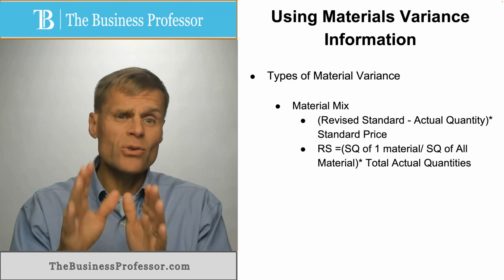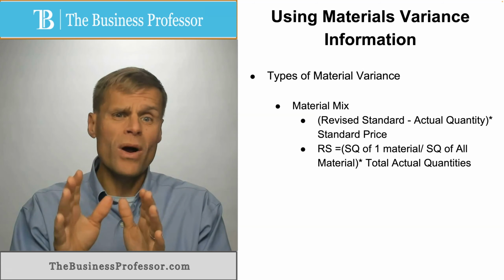Well, it's the standard quantity of a single material divided by the standard quantity of all materials. The numerator is the standard quantity of one material, and the denominator is the standard quantity of all materials. So this amount of material over all the material required. So you get a percentage there. Then you would multiply that percentage by the total actual quantities that was required.